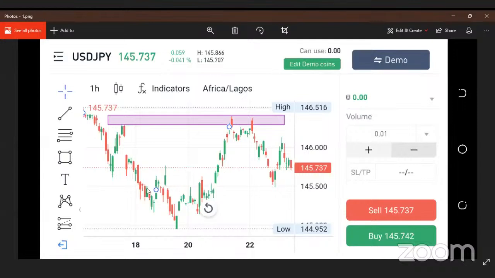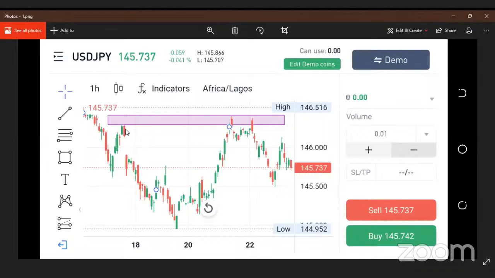An example of this bullish and bearish is our market right here. You see this market, the red is the bearish, while the greens are the bullish. Without even explaining anything, what is the red doing and what is the green doing? The red are going down. We have a red here, another red here, and red here.